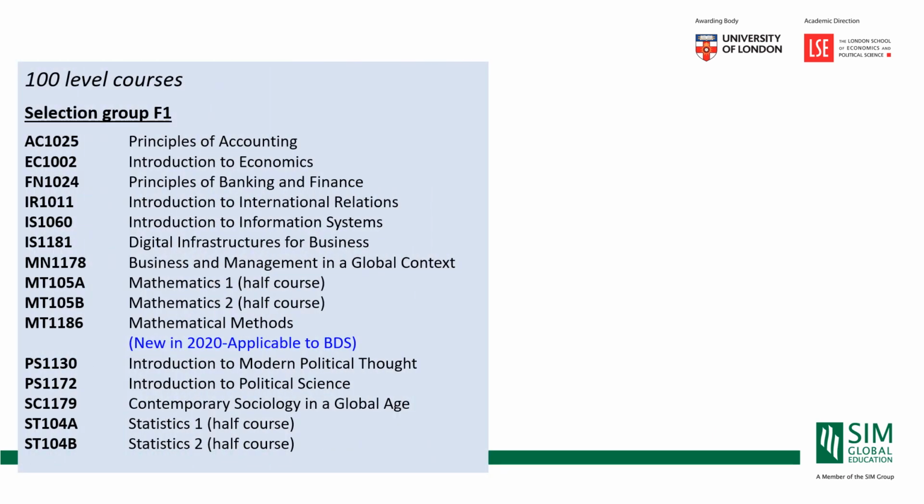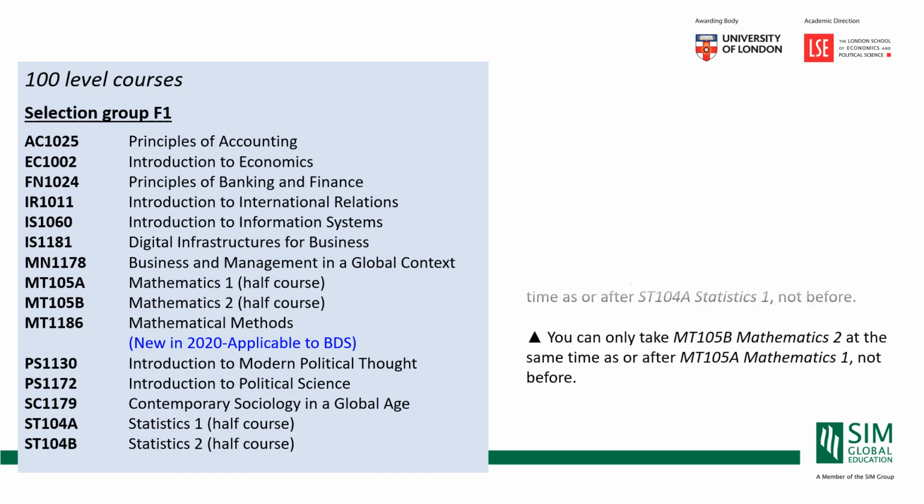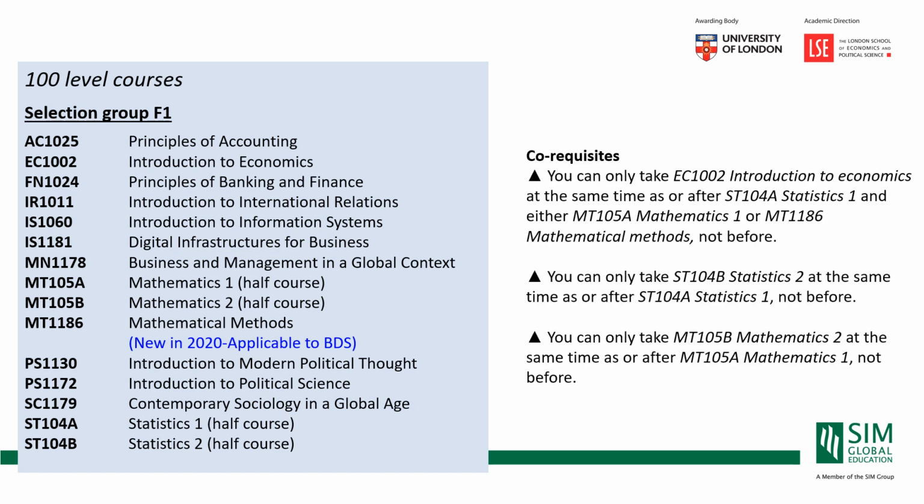This table shows the F1 courses available, and F1 courses are the courses that belong to what we call foundation courses. Typically, they are prerequisites for subsequent 200 level or 300 level courses. Notice that some of the F1 courses require what we call co-requisites.